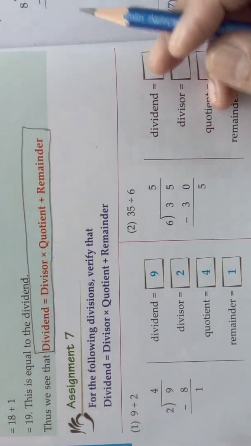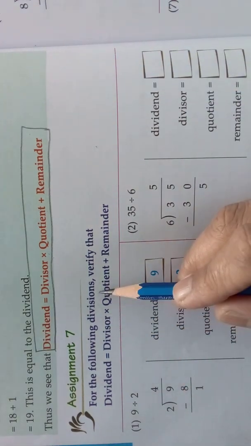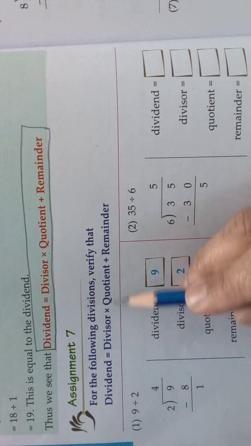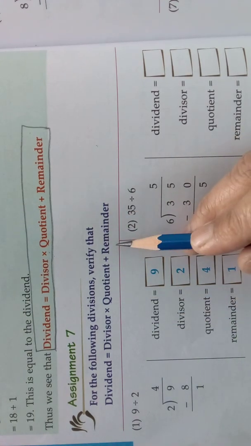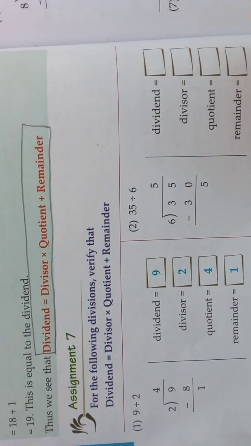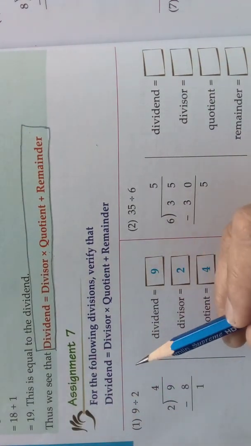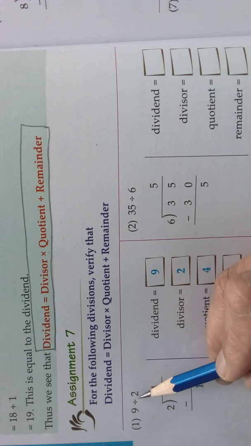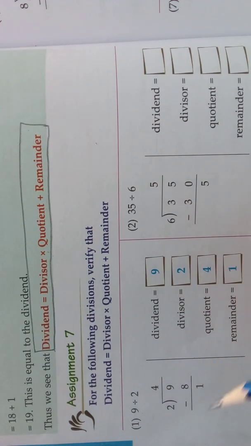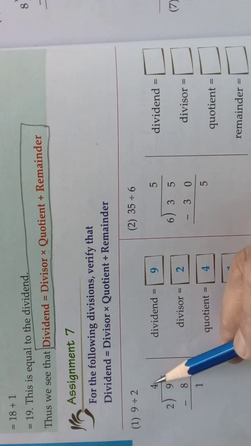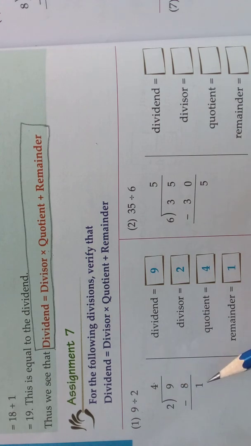Assignment 7. For the following divisions, verify that dividend is equal to divisor into quotient plus remainder. So, what we should do? A division is given here. Take the first sum, the example sum, 9 divided by 2. They did the division over here and got the quotient as well as the remainder.